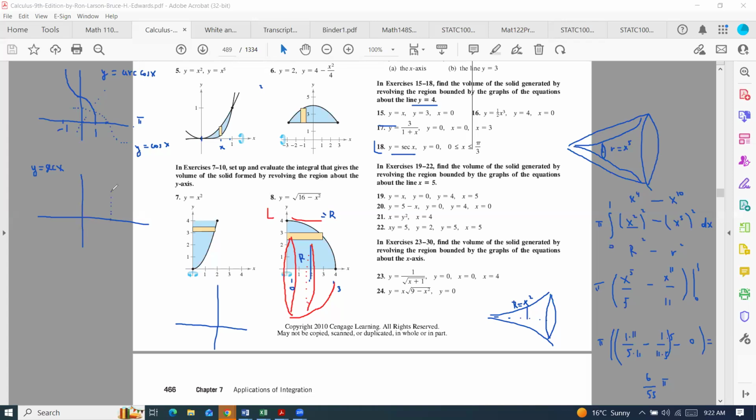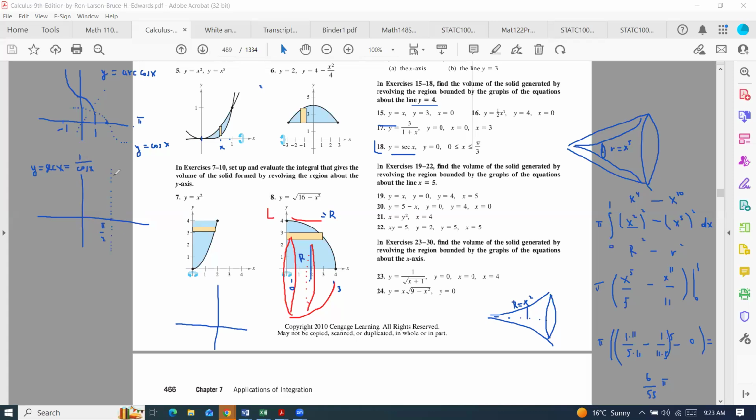So the point where the intersection happens, pi over 2, right? Pi over 2. We have an asymptote because it's 1 over cosine. Remember, 1 over cosine. So when cosine is 0, we have it undefined, or we have an asymptote.